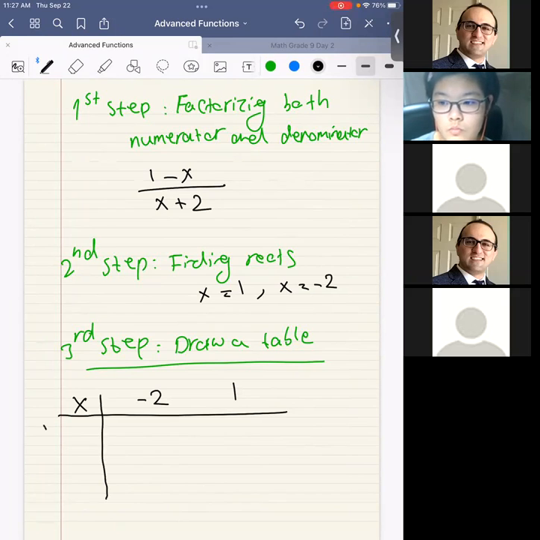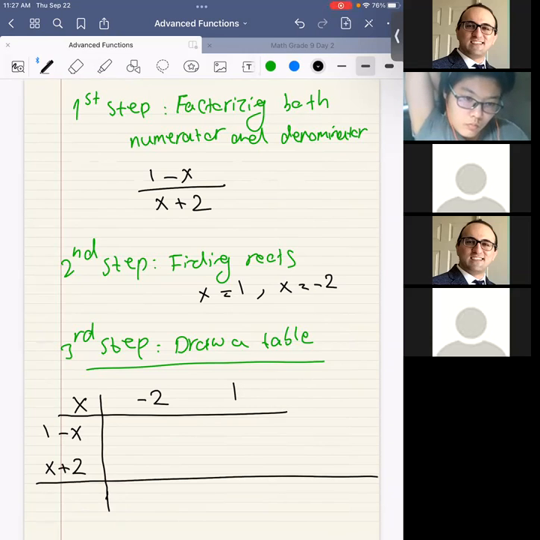And then you put each of the factors, like 1 minus x, and then x plus 2. And then you have the whole thing, 1 minus x over x plus 2.